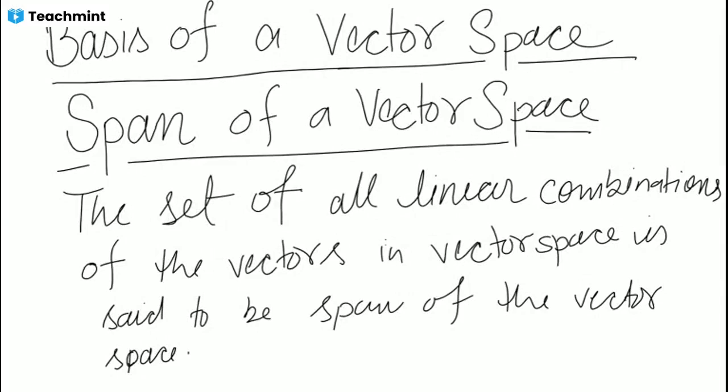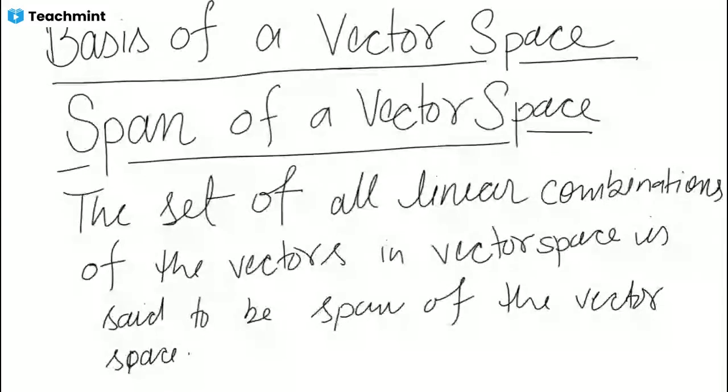Obviously, we'll have different linear combinations for different vectors. So the set of all these is said to be the span of that vector space. For example, there are vector 1, vector 2, vector 3, vector 4.